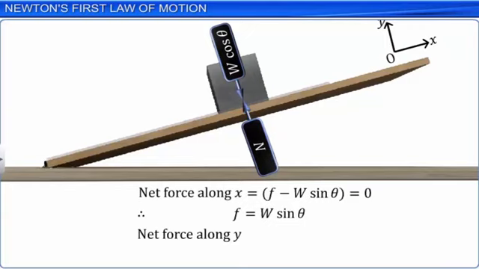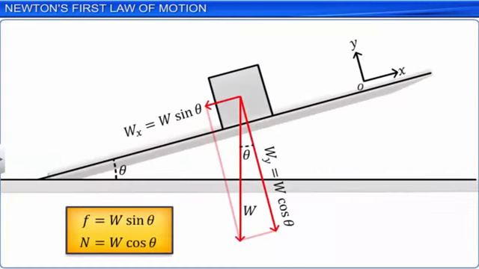We can now write net force is equal to N minus W cos theta, which is equal to 0, or N is equal to W cos theta. We have used Newton's first law of motion to find the values of F and N, which were not known to us.